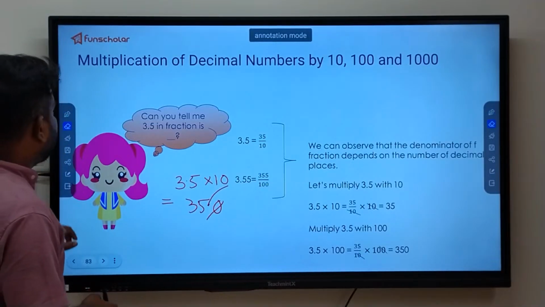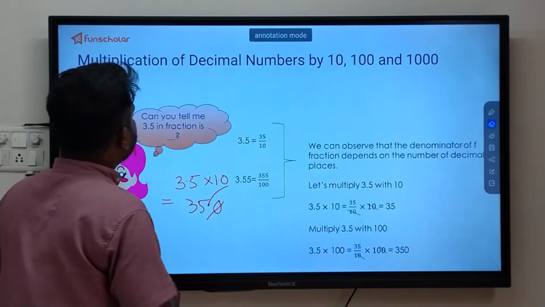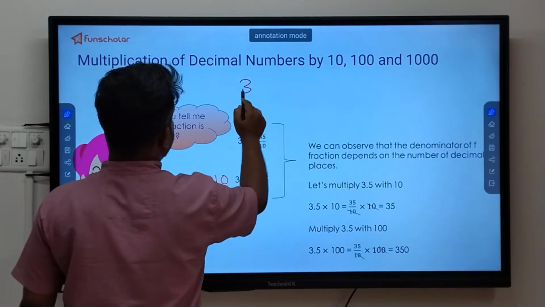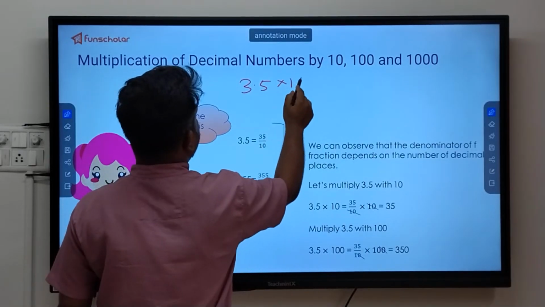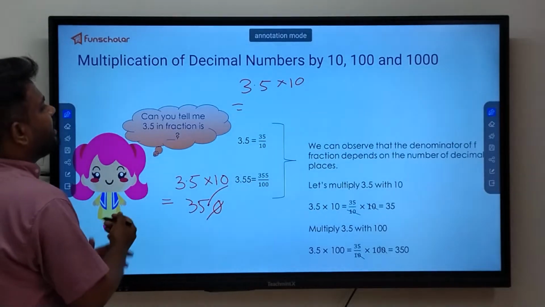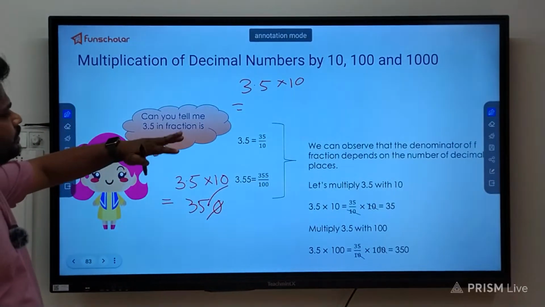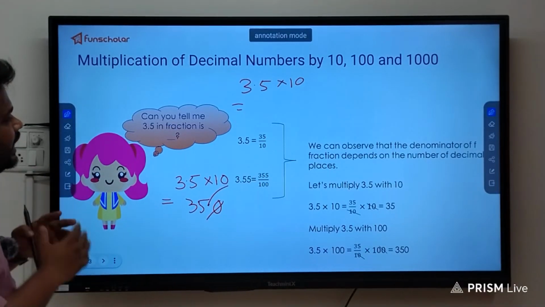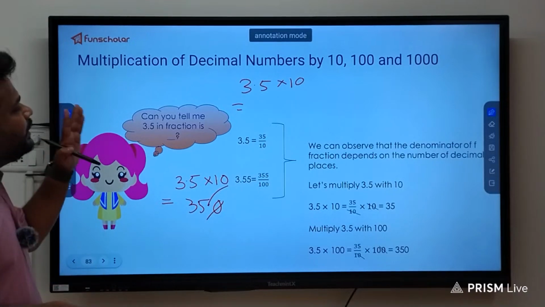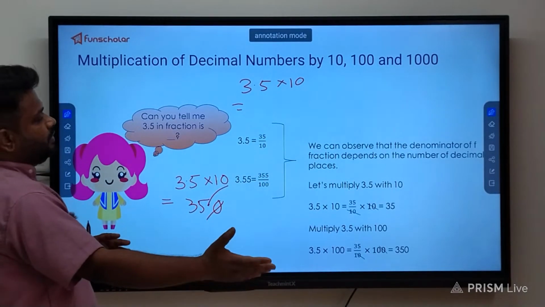But if you want to do it mentally, in one shot, multiplying 3.5 by 10, just do one thing. In division we place the point by counting the zeros. Here you do the same thing, counting the zeros, but toward the right side.